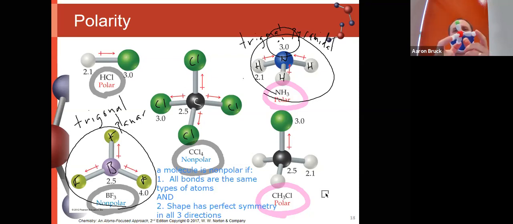So even though these three bonds in the bottom of the pyramid are relatively nonpolar, the extra electronegativity difference in this bond is going to create a distortion that is ultimately going to make this polar. I'm going to see a red region up here. I'm going to see bluish green regions down here.